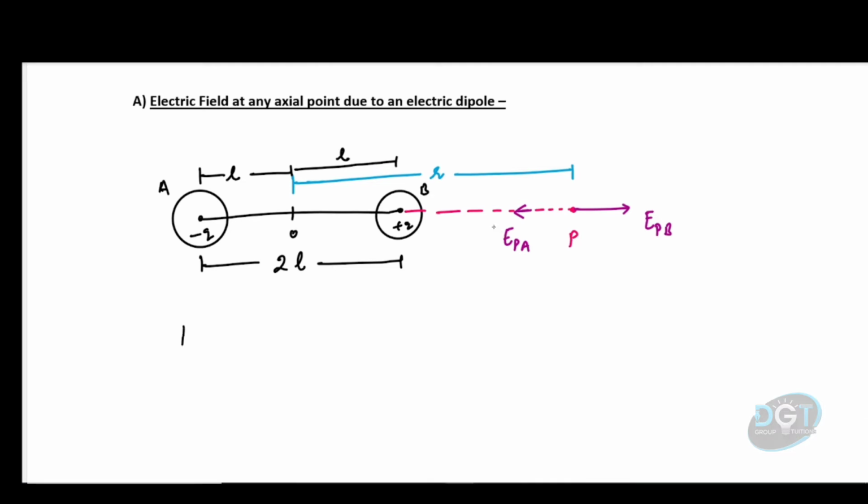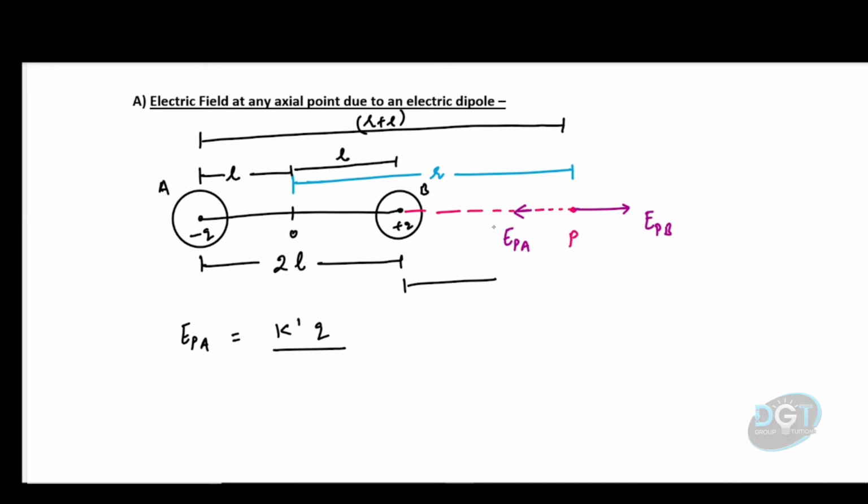Now, the electric field at P due to A is given by K dash Q upon the distance between A and P. As you can see, the distance between A and P is this whole thing, which is r plus L. In the same way, the distance between B and point P would be r minus L.